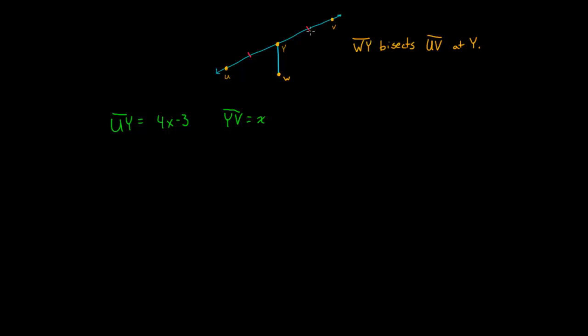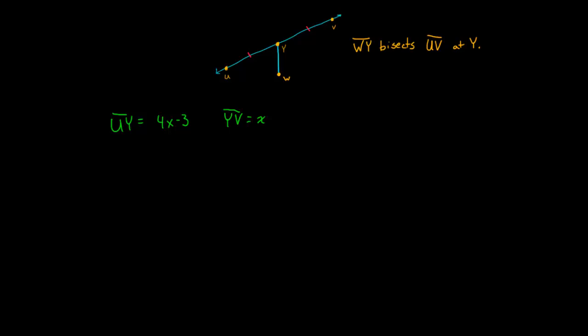So now we know that we can set UY equal to YV at any point in time, because this is basically another line segment, and we're saying it's bisecting it, so that means we know Y is our midpoint. That is what we know off of that.